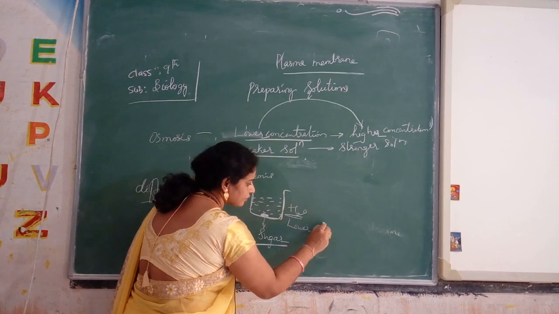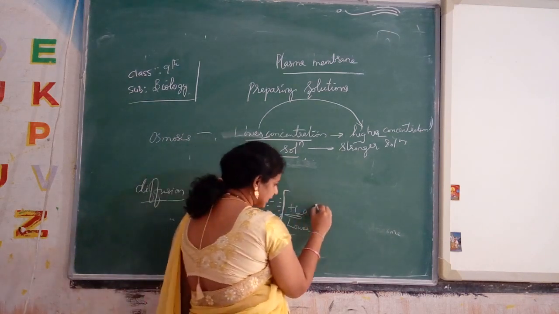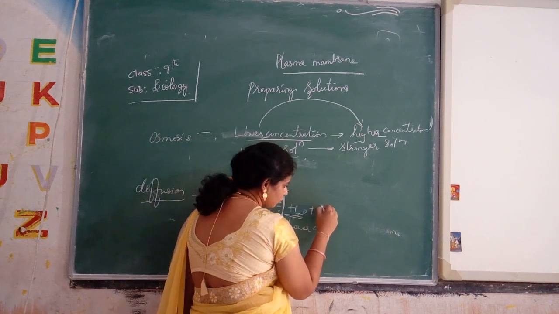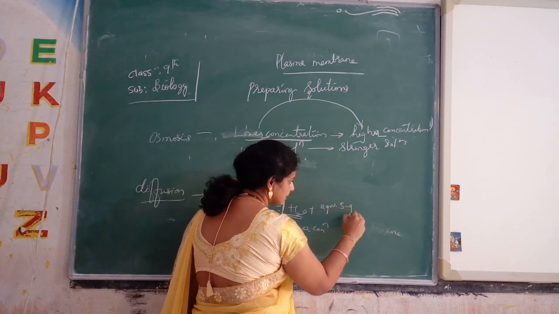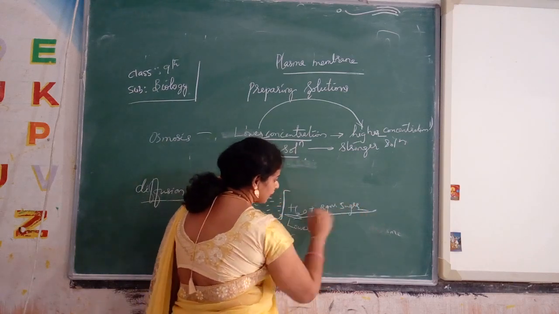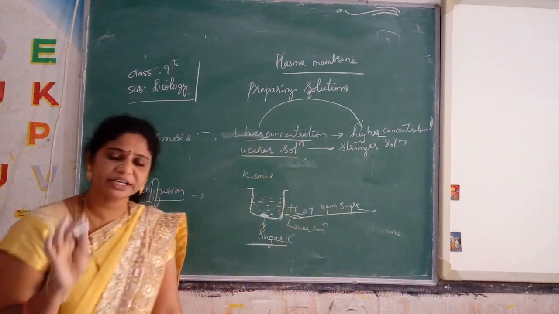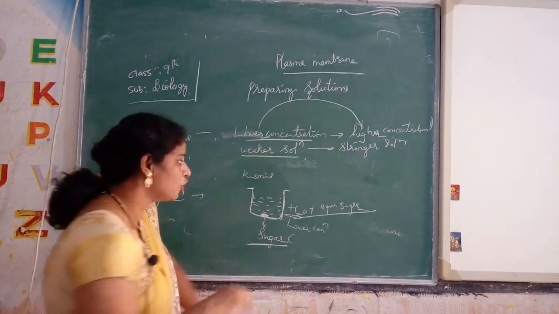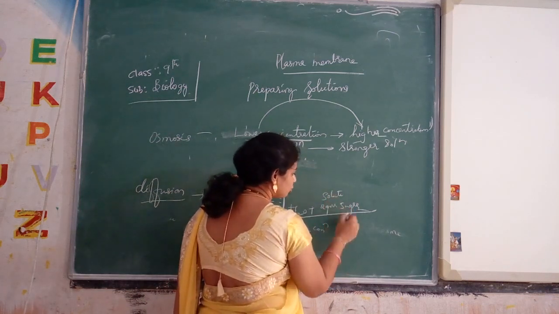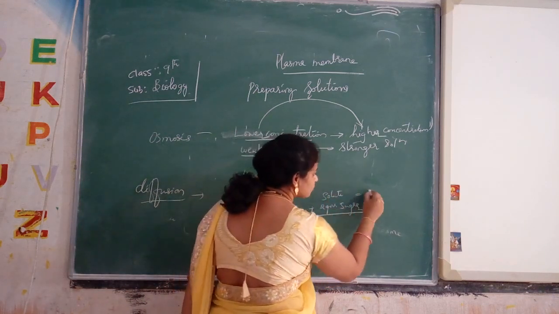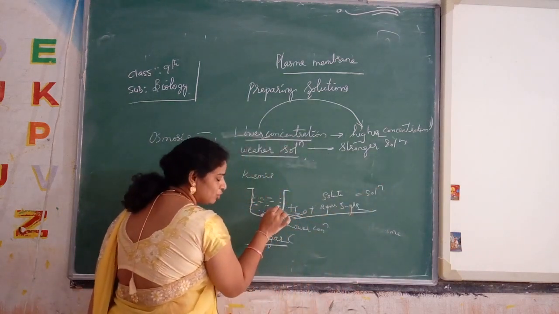For your understanding, I have added nearly 2 grams of sugar, so water plus solute sugar of 2 grams only is called a solution, containing a little amount of sugar.